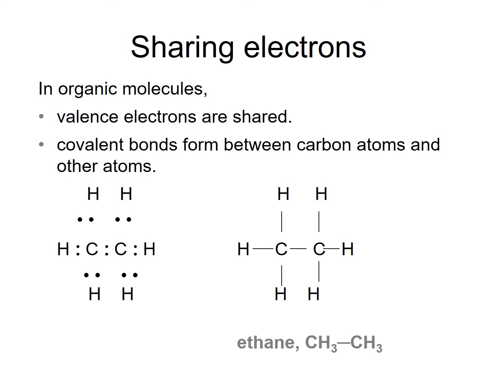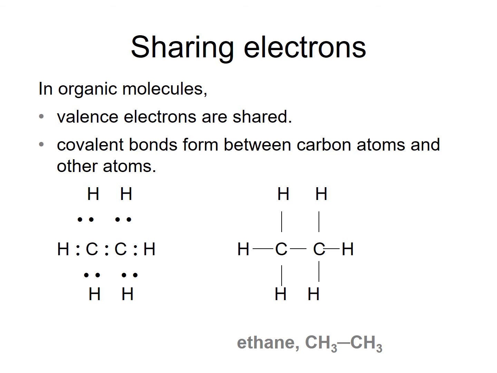Six of those would be spread out among the 2 carbons, 3 on each, and that would leave each carbon with one electron to share with the other carbon. So in this case we have carbon sharing 4 pairs, getting its octet filled up, its 8 electrons around the center atom filled up, and hydrogen gets a duet, because hydrogen is in the first row of the periodic table.